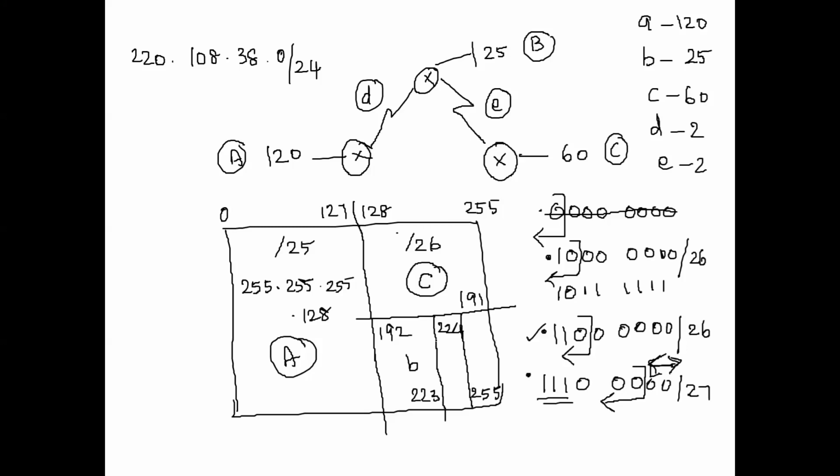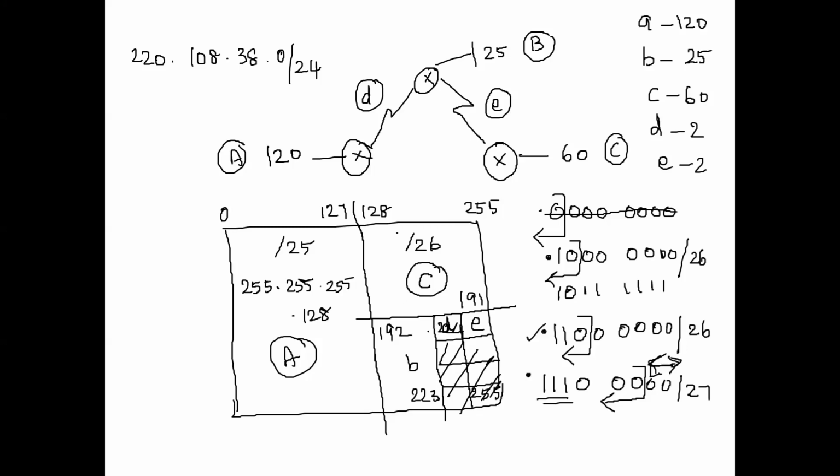So I'll divide into 8: 1, 2, 3, 4, 5, 6, 7, 8. I'll split the last block into 8 blocks so that I give this one to D, this one to E, and the remaining are all saved. These are saved portions. So for my network requirement, this is done.